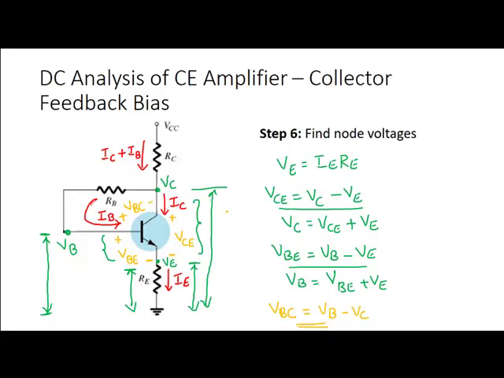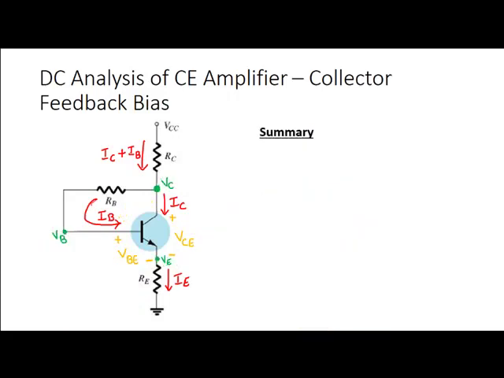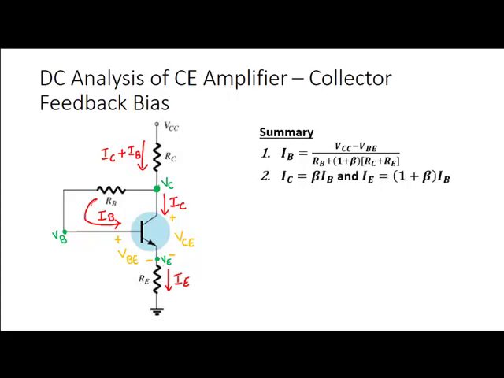So let us have a quick look on what we did. So by applying KVL to the input side loop, we calculated what is the base current IB. Then using the current gain of the transistor beta, we found out what is IC, which is beta times IB, and IE as 1 plus beta times IB.